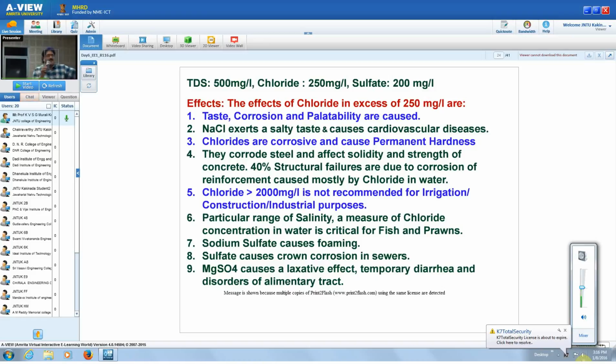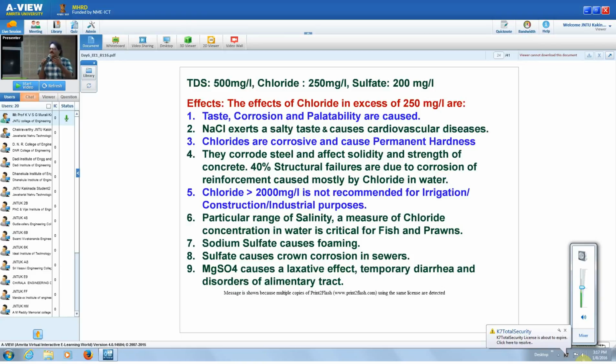They are highly corrosive. Fourth point, for civil engineering students, it is very important. They corrode steel and affect the solidity of concrete. They reduce the strength of concrete.